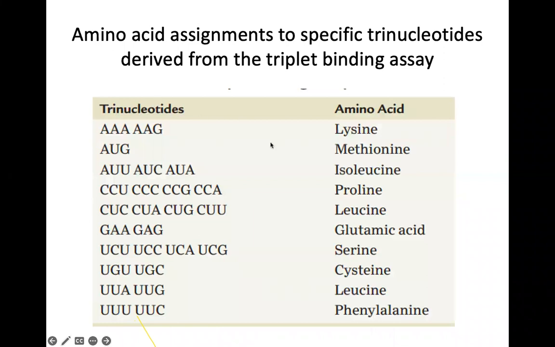So these are the specific trinucleotides which represent the respective amino acid. AAA or AAG, this is lysine, and likewise to the end. There are 2 codons, one is triple U, the other is UUC, and that is phenylalanine.